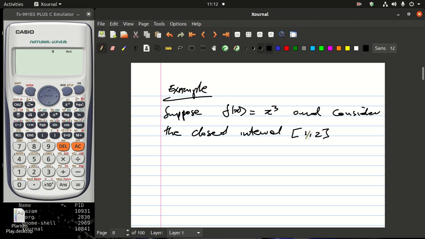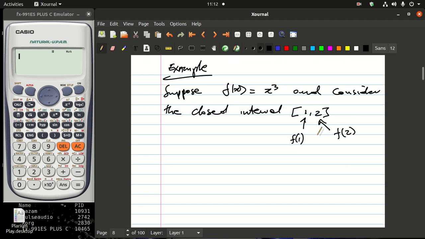If I look at f of 1 and f of 2, I take a value that is in between these 2 outputs. Can I get an x value that is in between these 2 points? That's how the question will go in this particular problem.